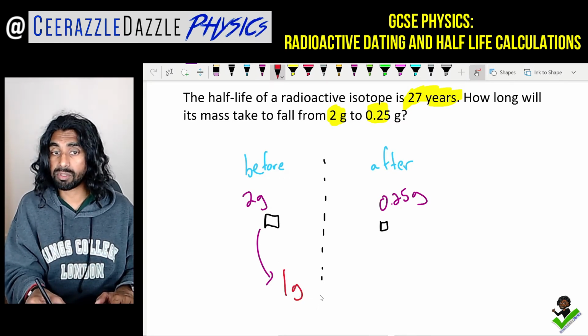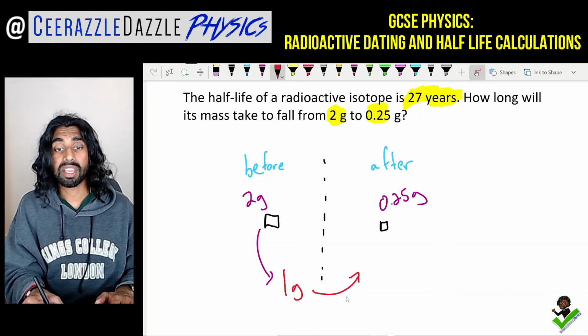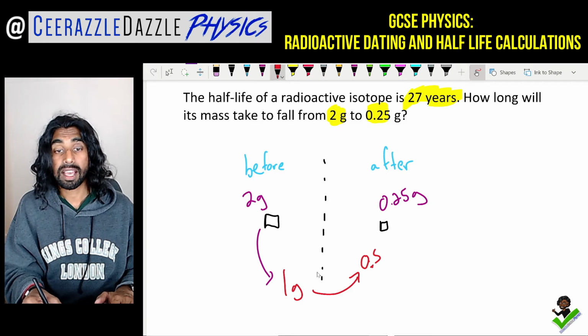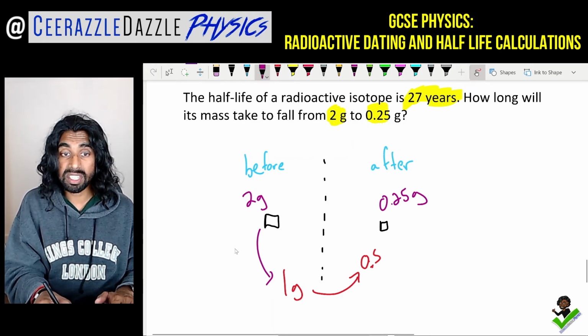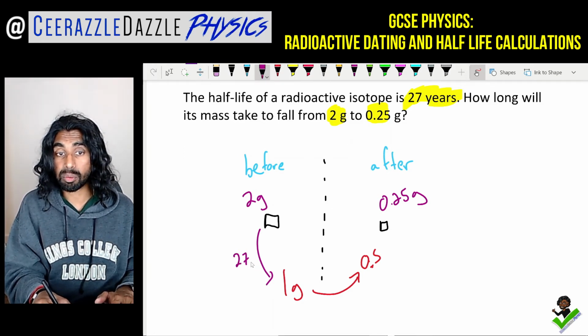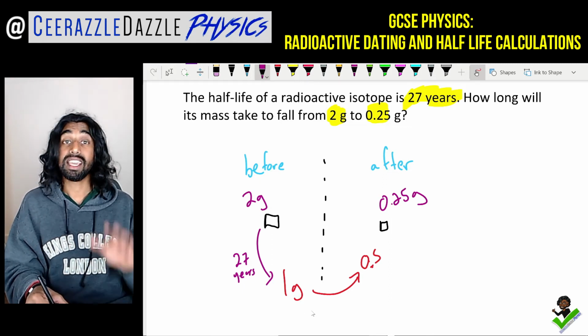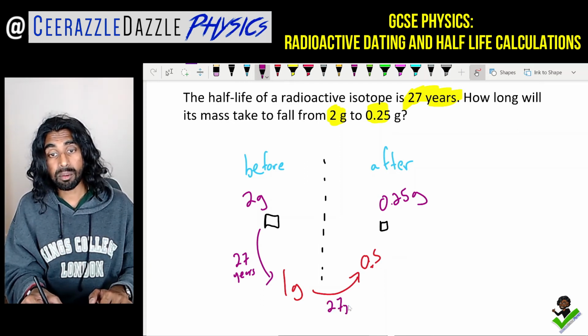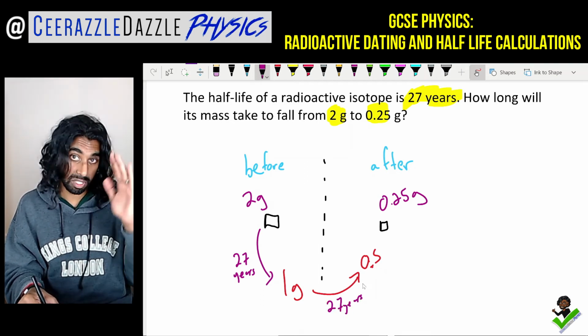Second half-life, we're going to get to 0.5 grams. And it takes 27 years to drop from 2 grams to 1. It takes another 27 years to drop from 1 gram to 0.5 because that's the half-life.